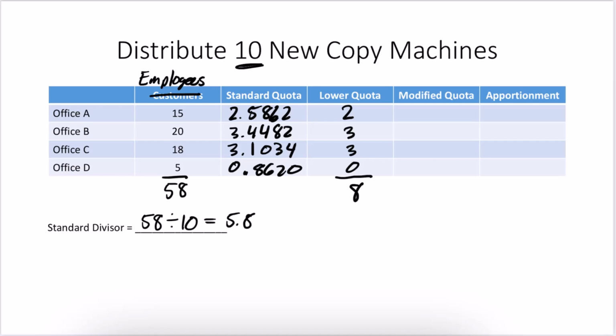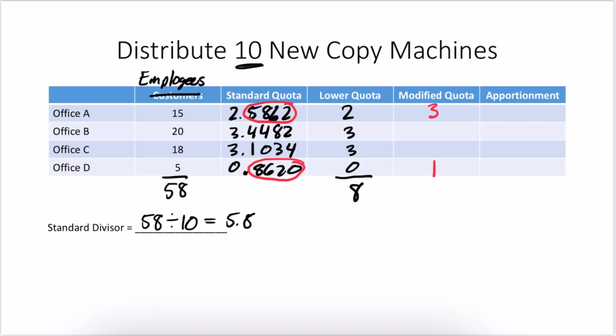And so I'm going to distribute those based on what the largest decimal is. Because this decimal is the largest one, I'm going to change that to be 1 copy machine. And because this decimal is the next largest one, I'm going to increase the lower quota of 2 up to 3.